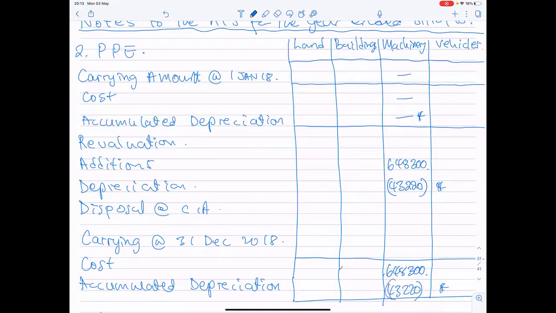Then you get your carrying amount of your machinery. So it will be 648,300 minus 43,220. You get 605,080.